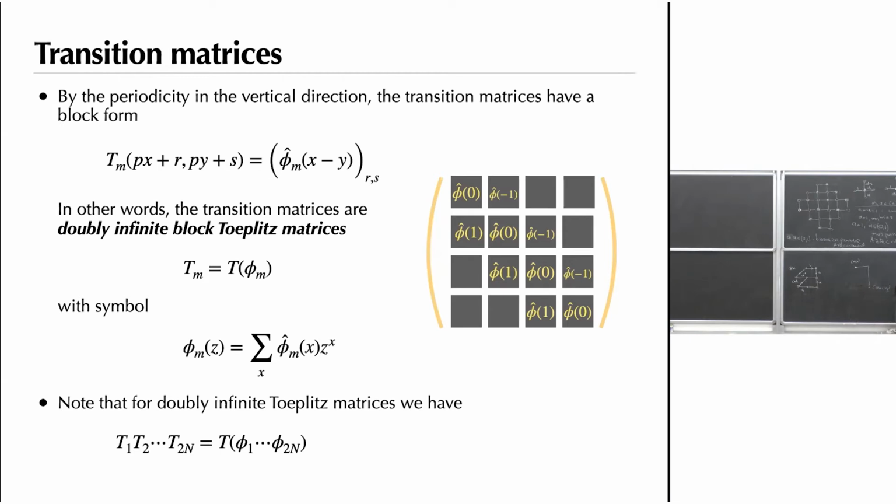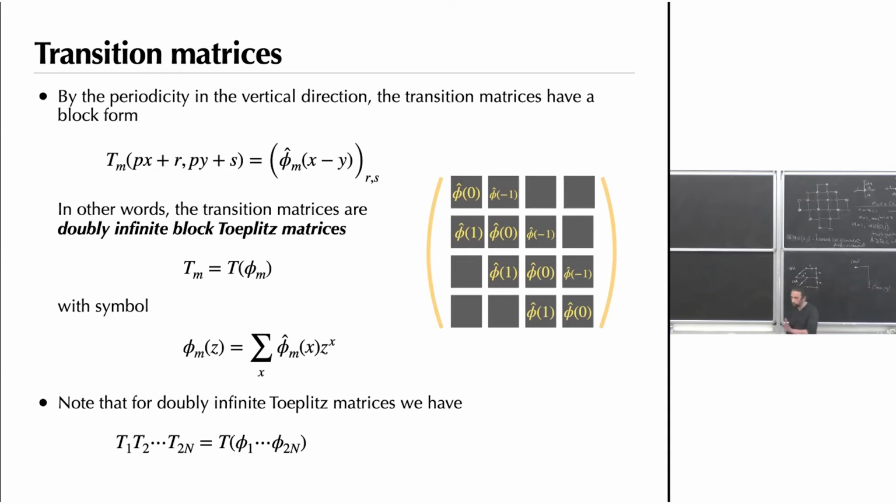These block Toeplitz matrices typically have what we call a symbol, which is a matrix-valued function in this case, where the coefficients are the blocks that you find on the diagonals. So it's a Fourier transform of these blocks. The sum in x is infinite in this case, yes. Overall, this matrix is doubly infinite.